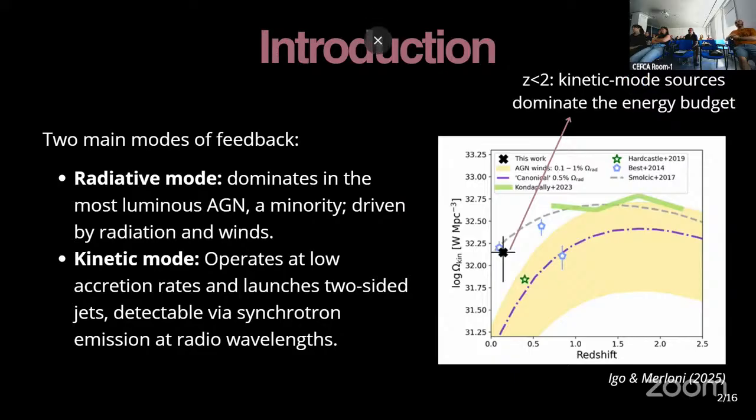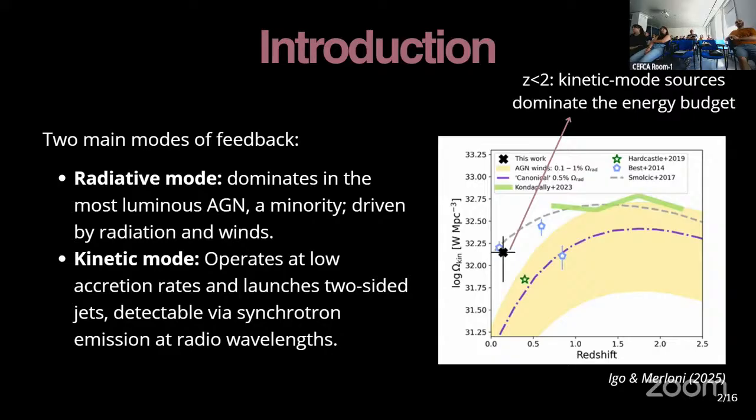The thing with this mode is that it has not yet been characterized, or at least not very well, because we didn't have the statistical and scale coverage needed to do so. But with wide area surveys that are being done at the moment, we can do this.